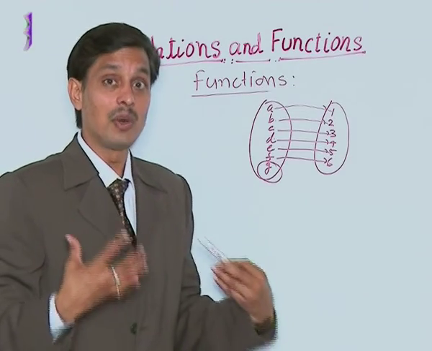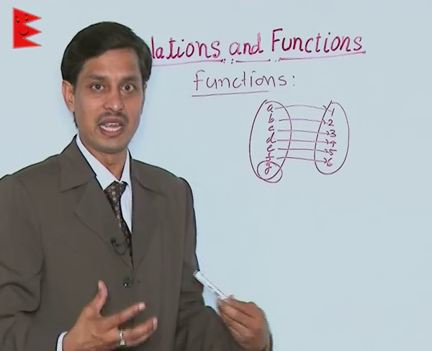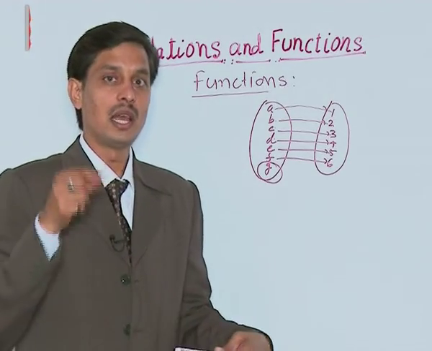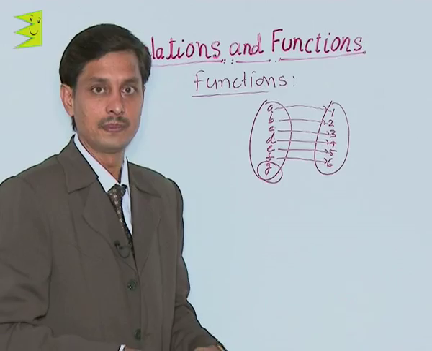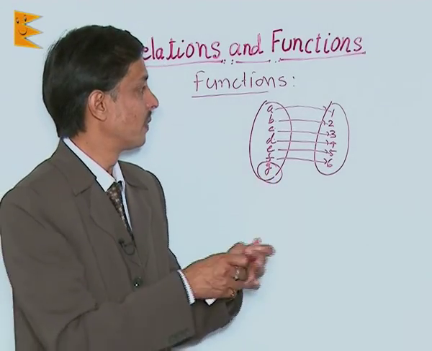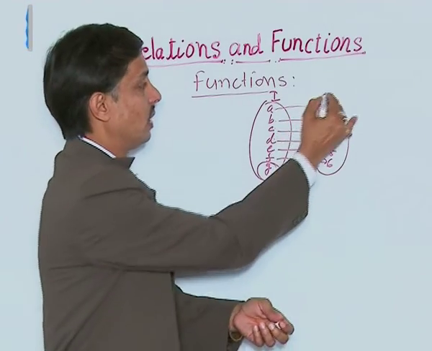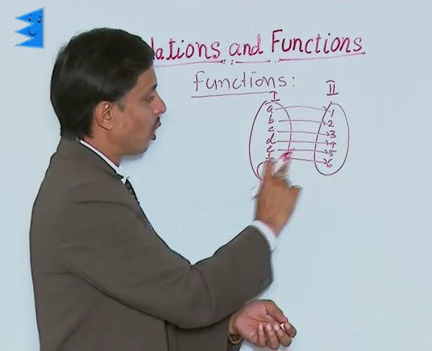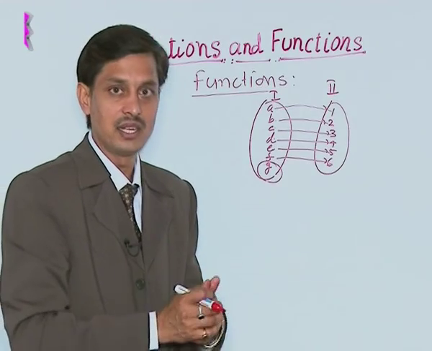In the definition, I was telling you a function is a relation or an association between two non-empty sets in such a way that every element of the first set is uniquely associated with some element in the second set. G is an element of the first set, but G is not associated with any element in the second set.